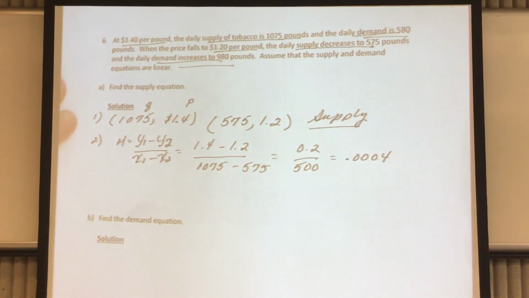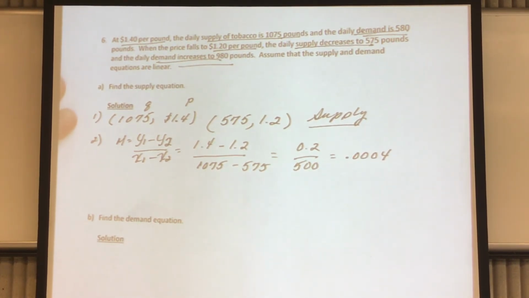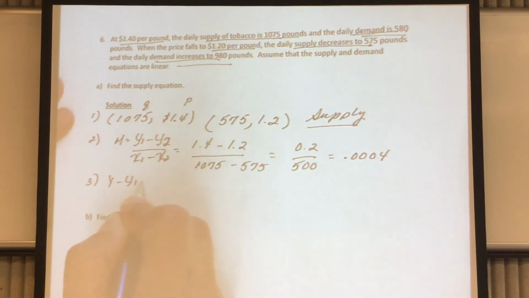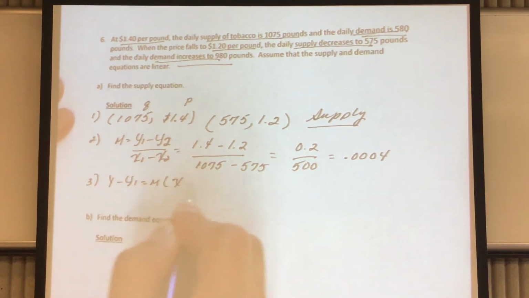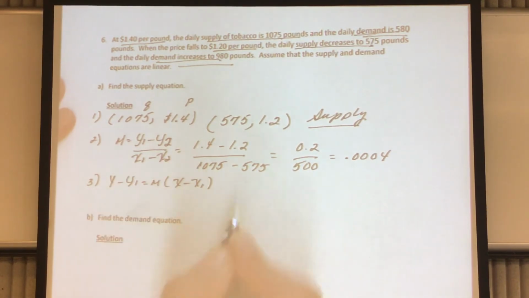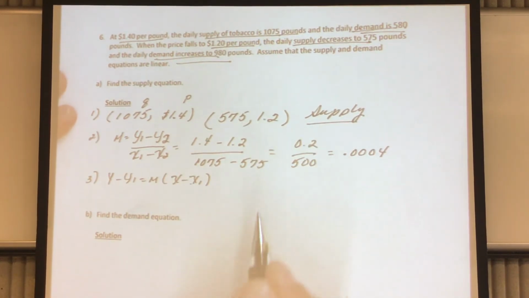And then once we have the slope, we can find our y-intercept. So let's use our point slope form. And that is y minus y1 equals m times x minus x1. Again, our y is p, and our x is our q.